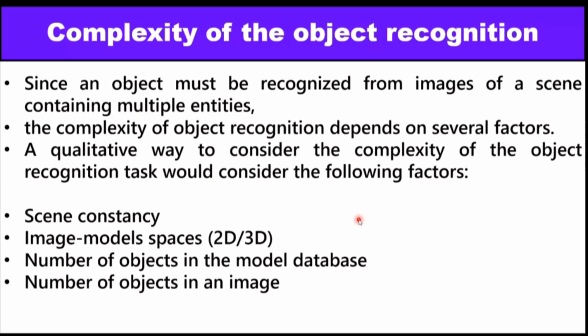Then, the second part, scene constancy, that is what we are talking about. So at least for one frame of the camera, at that particular moment, we must be able to capture the image. And again, a similar thing should appear in our model database.